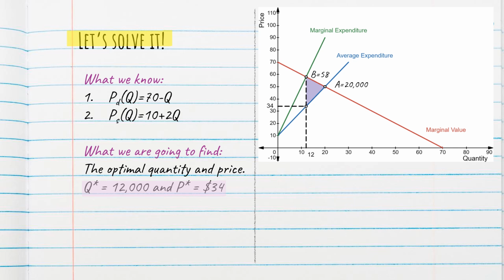Now we have all the information we need to compute the area of this purple deadweight loss triangle. So what is that? It's going to be equal to 1/2, because it's a triangle. The base, I like to think of that as the base of the triangle, which is 58 minus 34, times the height of the triangle, which is this distance here, and that's going to be 20,000 minus 12,000.